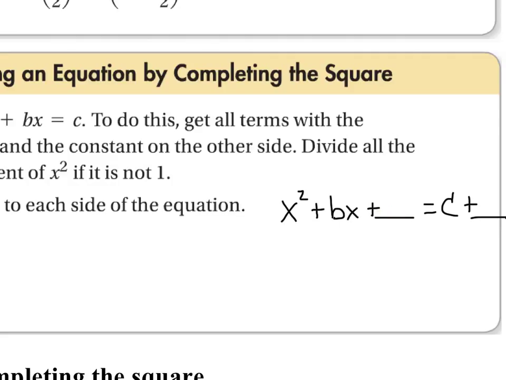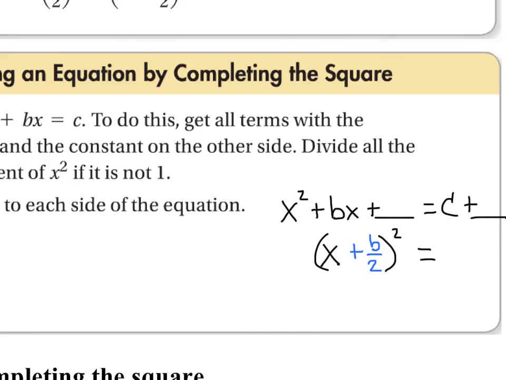Okay? So then the second line of work, which goes along with the first, is you're going to factor that trinomial. It's always going to be an x here. And you are going to add or subtract if it's a negative number, but you're going to take b divided by 2. And that's what goes in that blank. That's what goes in those parentheses, is b divided by 2.